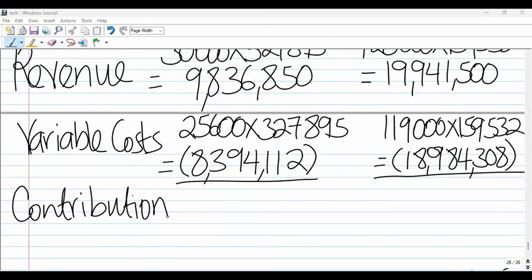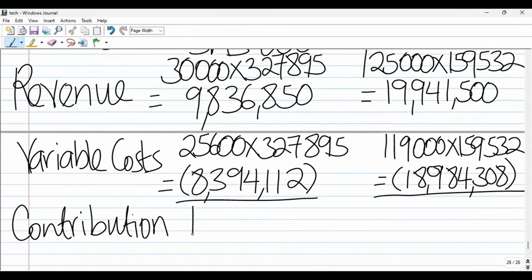Contribution, local transport. 1,442,738. Next.